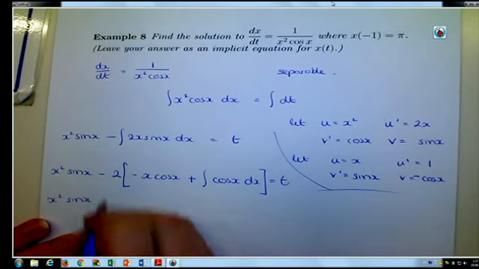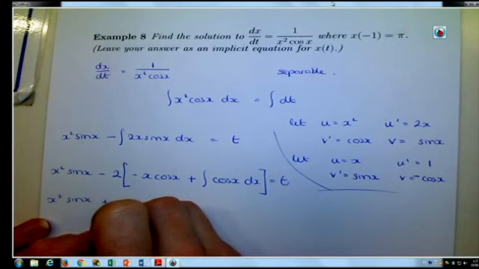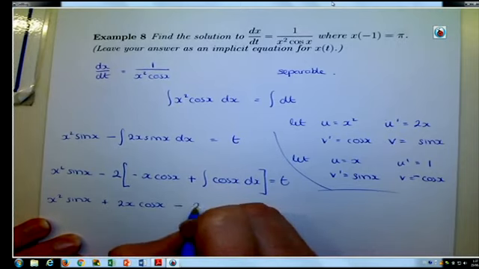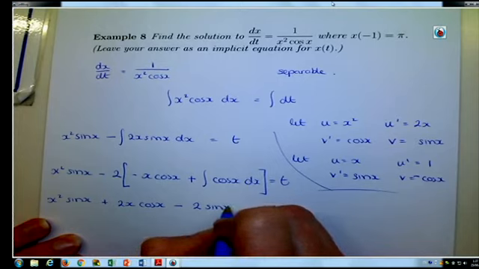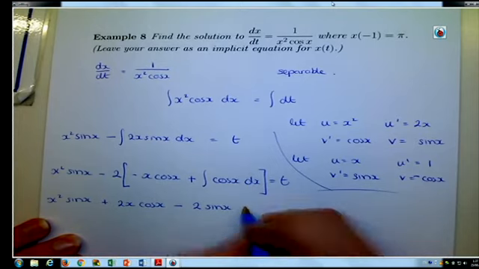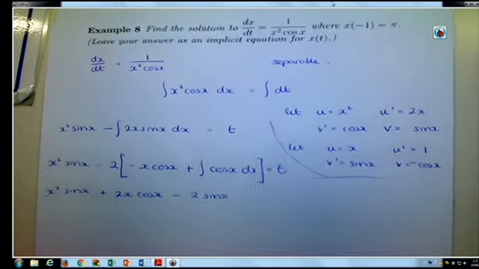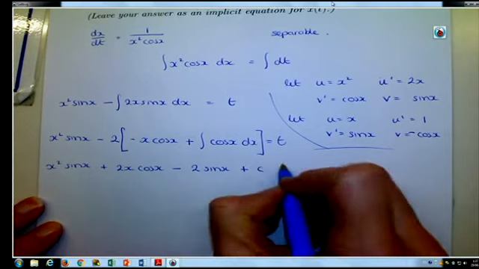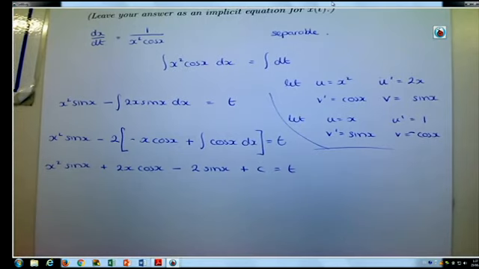So minus 2 of those gives me plus, and minus the integral of that is sine. Plus C, lovely. That's what I was waiting for. When you've done your last integral, that's when you can put in a plus C.